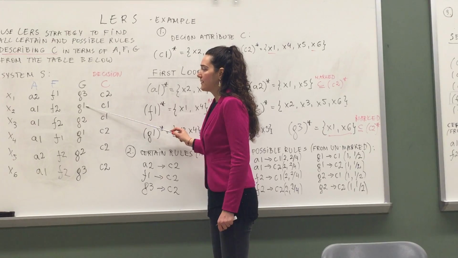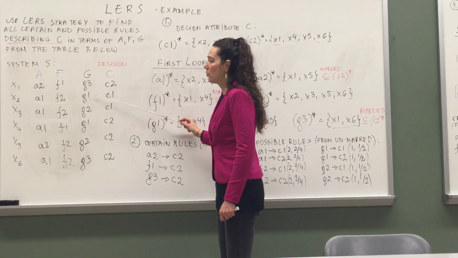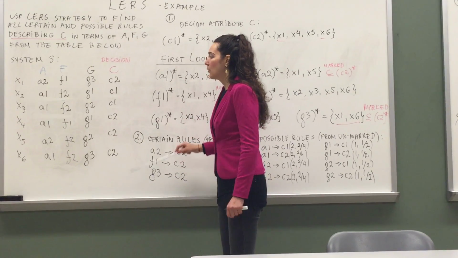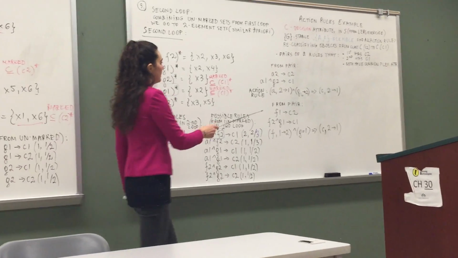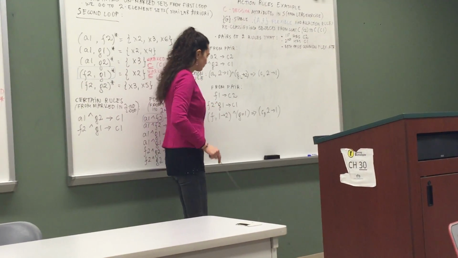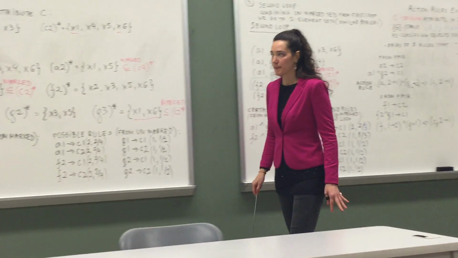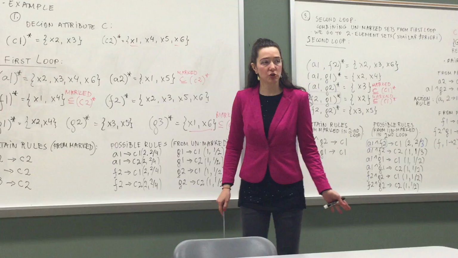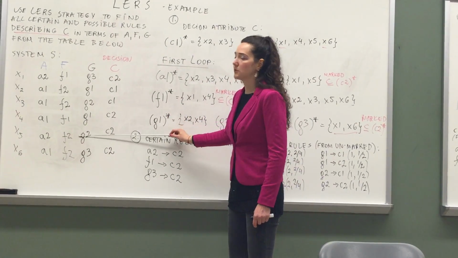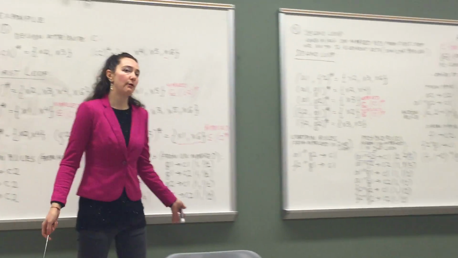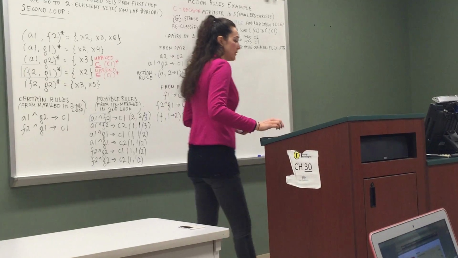Because even if G is not 2, we can change it to 2. Even if it's 3 or 1 or x or z, we can change it to 2. So we're going to write from anything to 2, if G is flexible. If it was not flexible, G equal to 2 only applies to 2 objects, x3 and x5. So our rule has fewer applications in the data set.